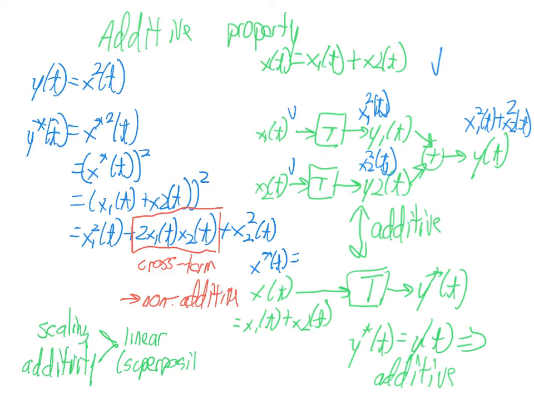For most well-behaved systems that we're going to see, scaling and additivity go together, but formally we do need to check that it has both of the properties to declare that it is a linear system. We have one more property to consider on our way to linear time invariant systems, and that is time invariance.